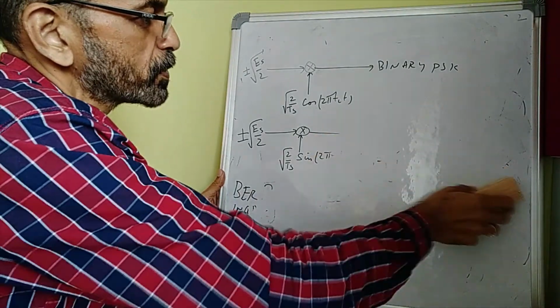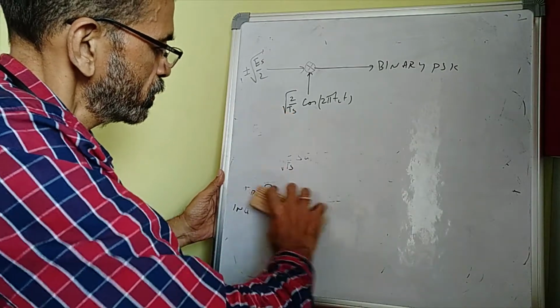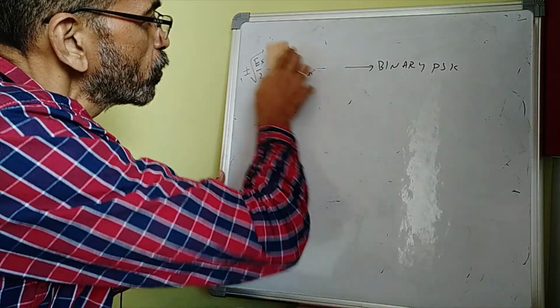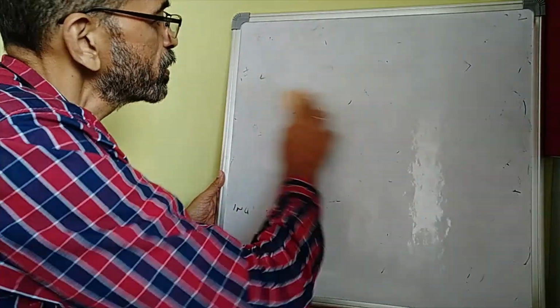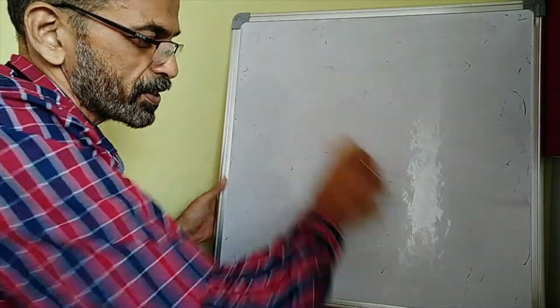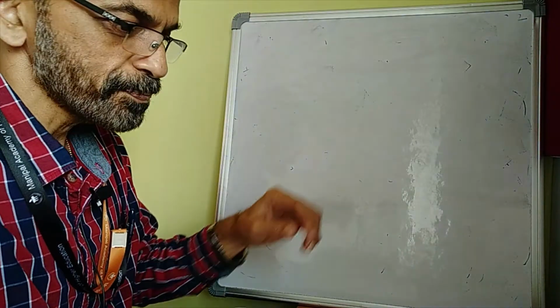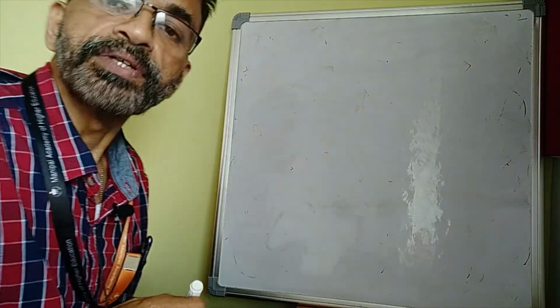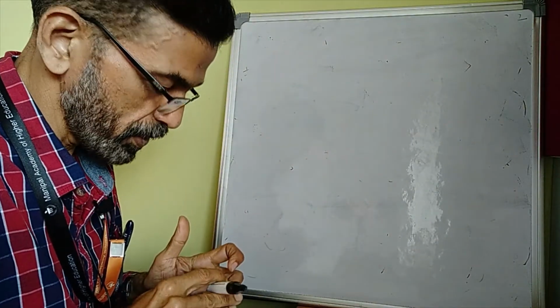Now interestingly, from this concept, it is possible to work backwards and arrive at an exact expression for the symbol error rate in QPSK. That's what we'll do now. It's very simple now.